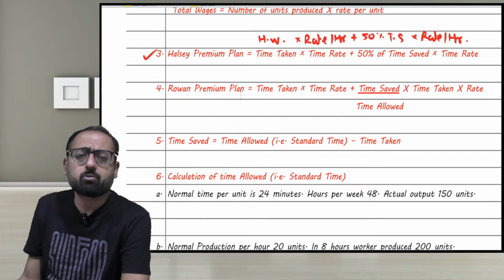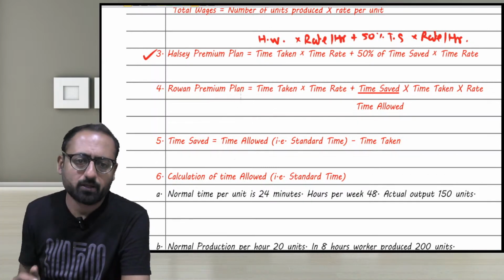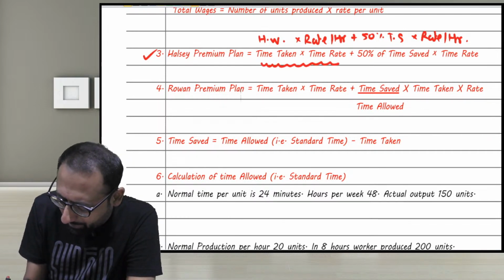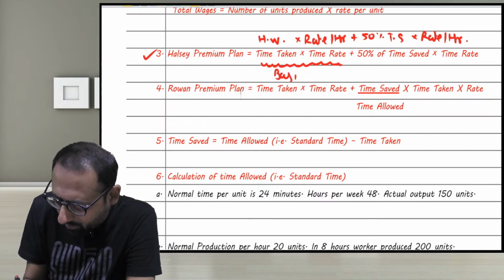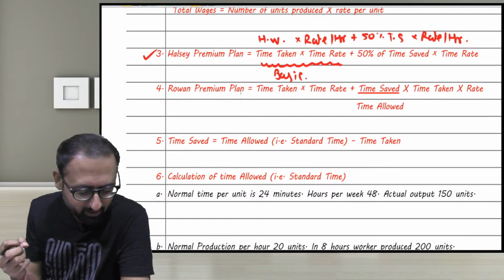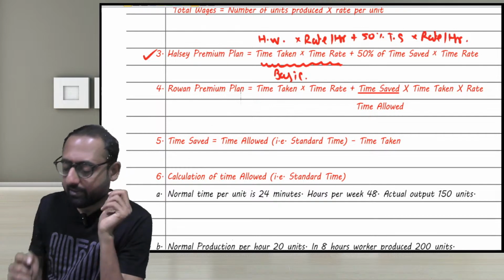So this is your formula for Halsey. Boys and girls, this formula is divided into two parts. First part is your basic pay. So all the workers will get the basic wages: hours worked multiplied by rate per hour. So this is your basic wage.